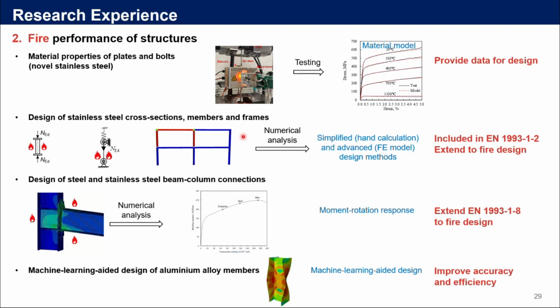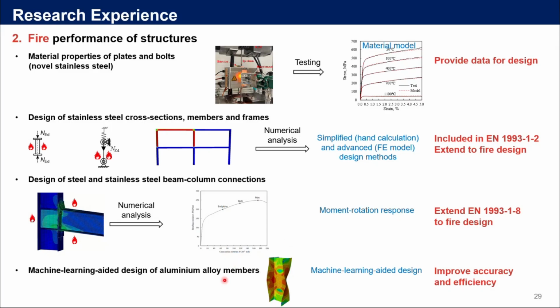Some proposals have been included in Eurocode 3 Part 1-2. Additionally, we will also start to work on the design of hybrid steel and stainless steel beam column connections in fire, and the component-based method in Eurocode 3 Part 1-8 could be extended to fire scenarios.